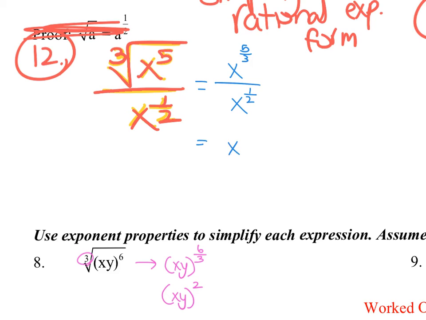So this is going to become x to the 5/3 minus 1/2. And now all you need to do is just take the 5/3 and subtract the 1/2 from it, and that leaves you with x to the 7/6. Okay? And that is that. So we used converting to rational exponent form. We then did our quotient rule to come up with our answer.